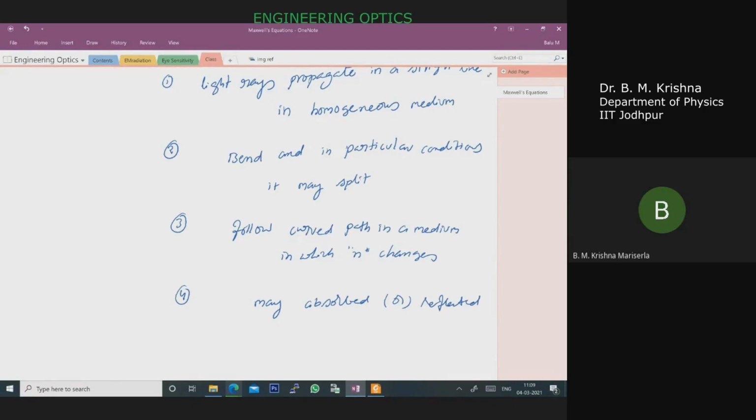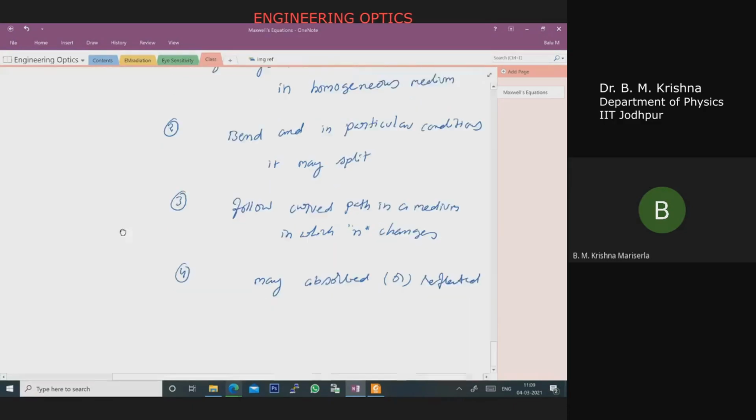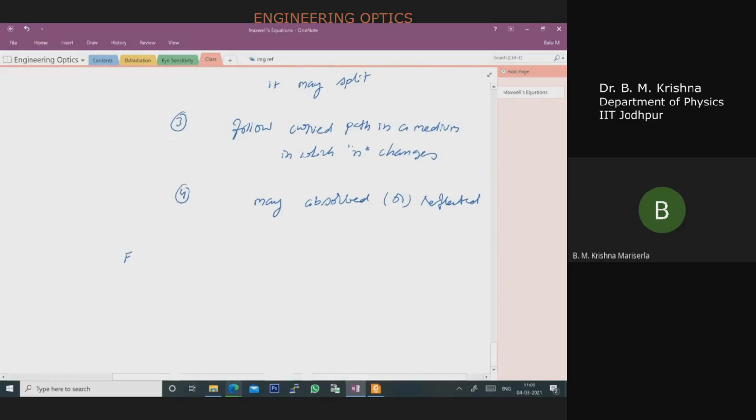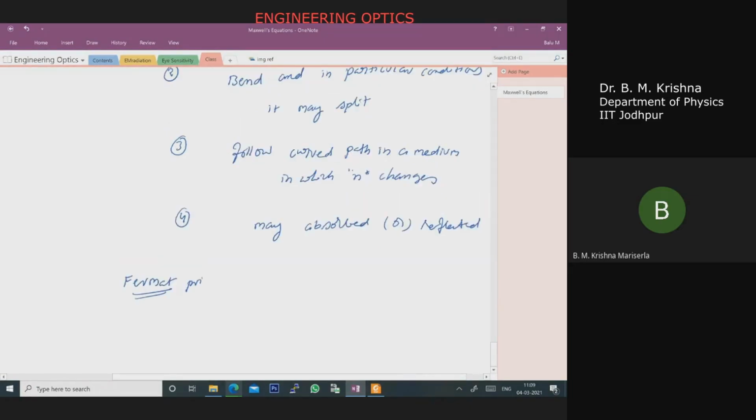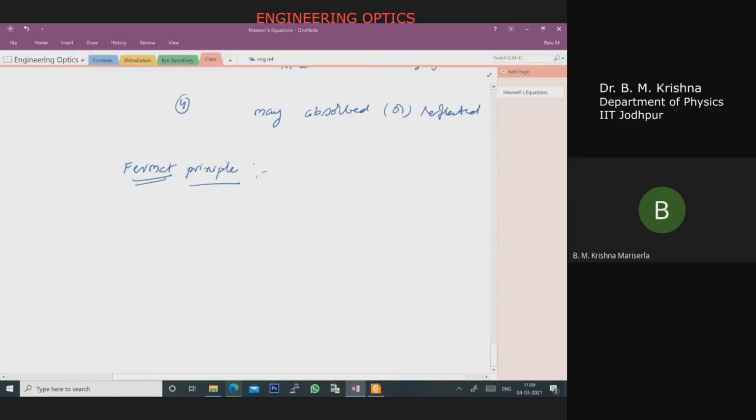For example, you talk about the Fermat principle. This Fermat principle will tell you the path taken between two points.